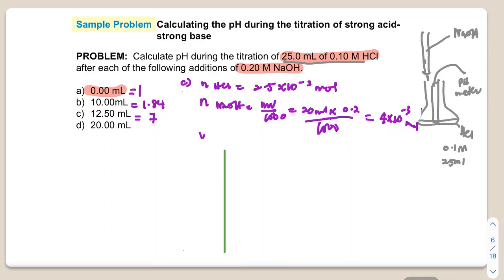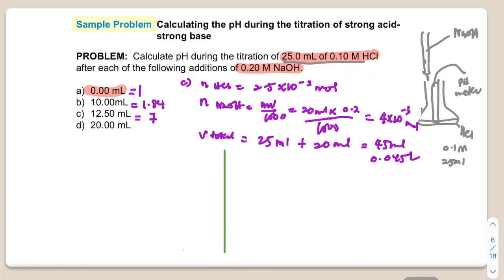And then the V total is equal to 25 ml of the HCl plus 20 ml of the sodium hydroxide, so it is 45 ml, which is equal to 0.045 liter.